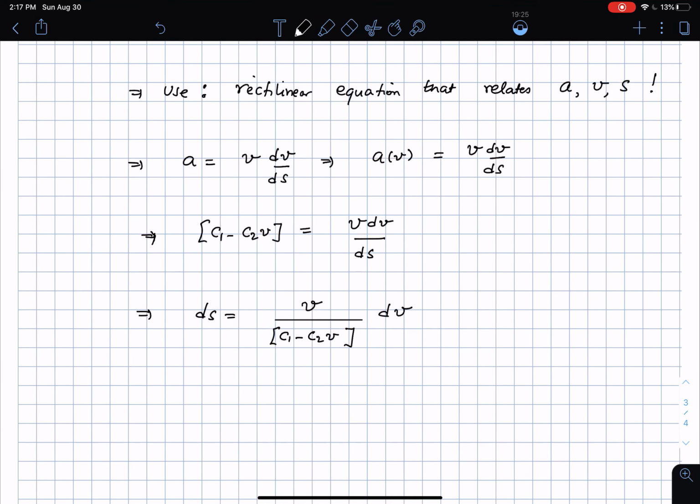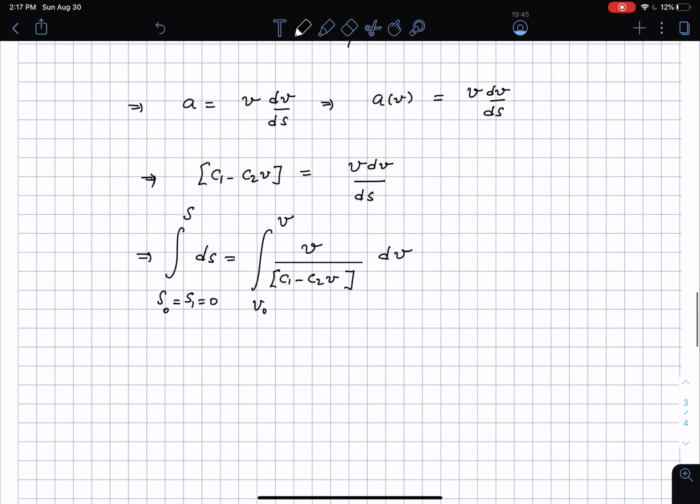Then I do the integration. I go from some s naught, which is the same as what I said of s1. I'm sorry, this is s1 is equal to 0. I go to some arbitrary position s. Okay, and then likewise I start from v naught, I go to some arbitrary velocity v, again skipping the details of the integrations.